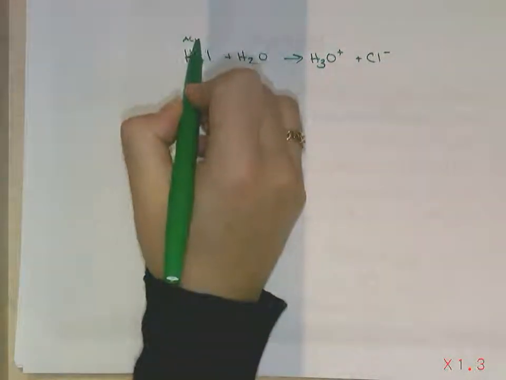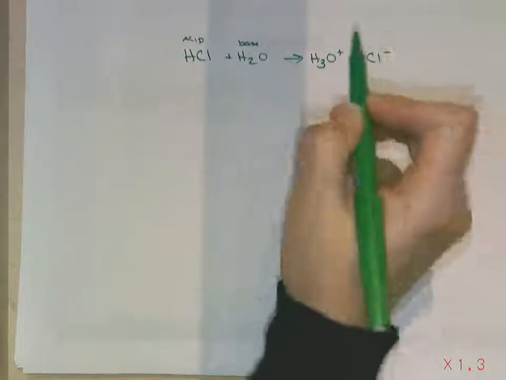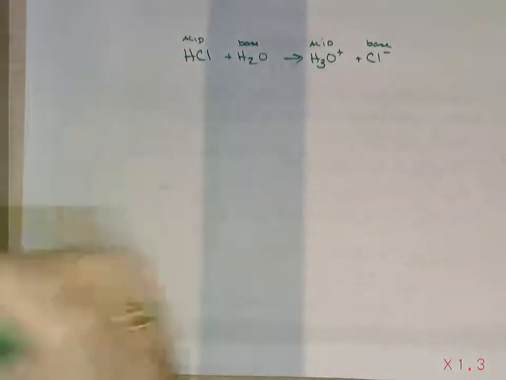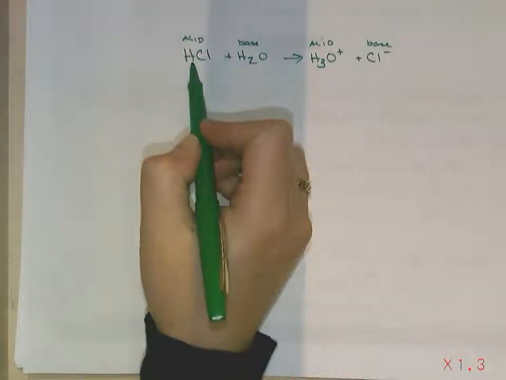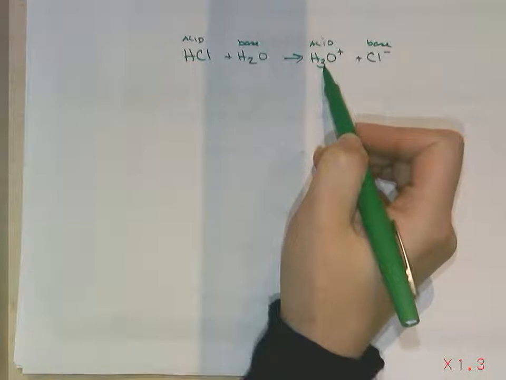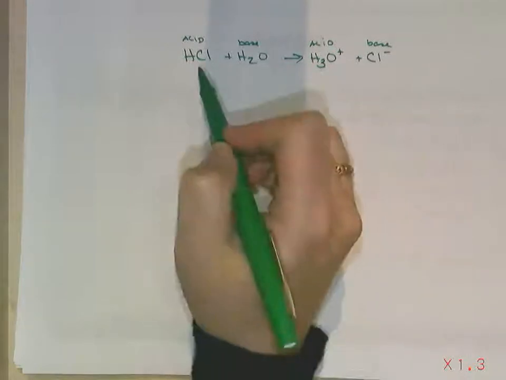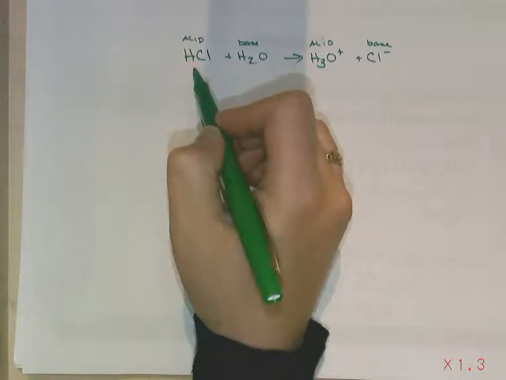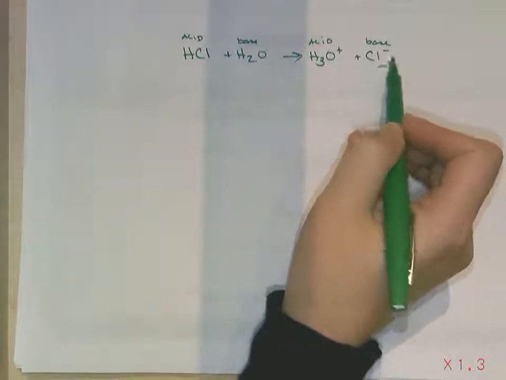So if this is acting like an acid, that's acting like a base. This is the acid, this is the base. If this is a strong acid, we're mostly going to make this. Does this actually have a conjugate base? Is this actually a base? Is chlorine minus a base? If I just told you chlorine minus, not a base, right?